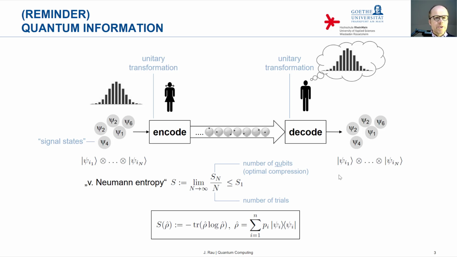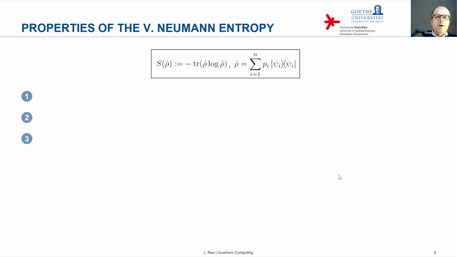Then this is precisely, up to Boltzmann's constant, the formula for the entropy associated with that mixed state. So that's where we ended last time, and that shall be the starting point for a brief discussion of some key properties of this von Neumann entropy.